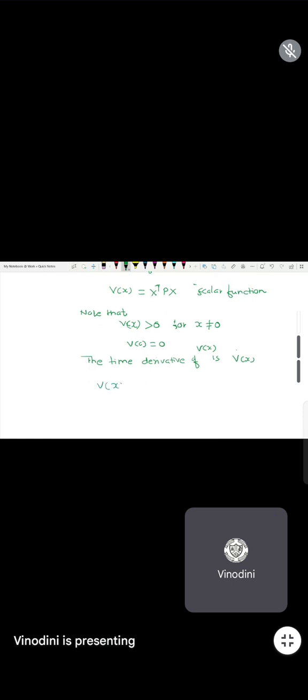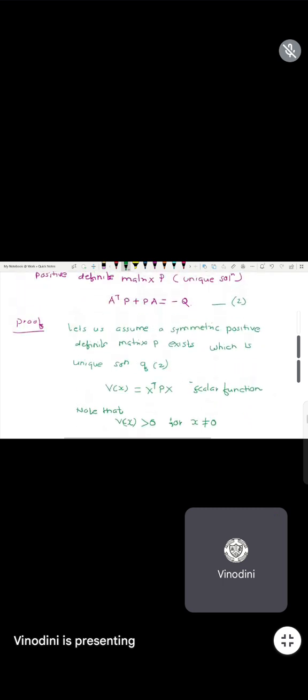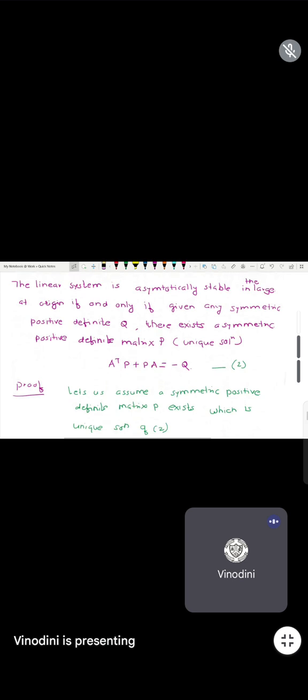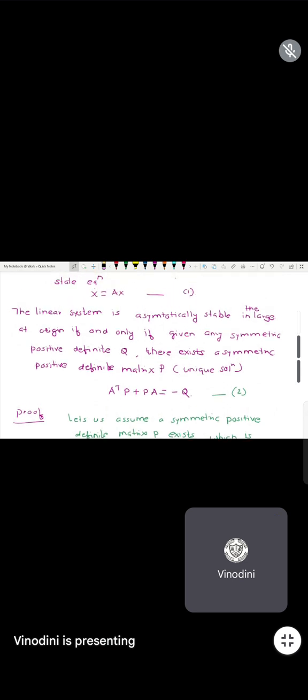V dot x is equal to x dot transpose P x plus x transpose P x dot, the derivative of each, using equations 1 and 2. What is one and what is two? This is 2 and this is 1.